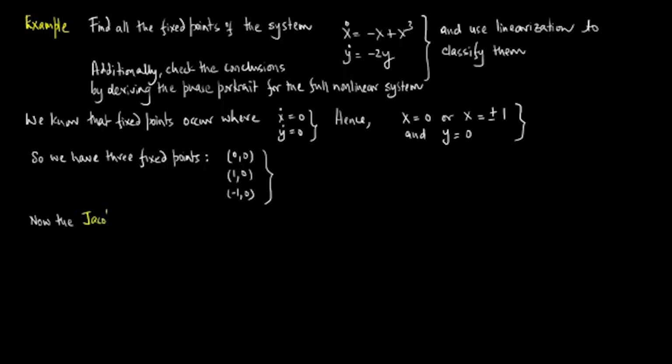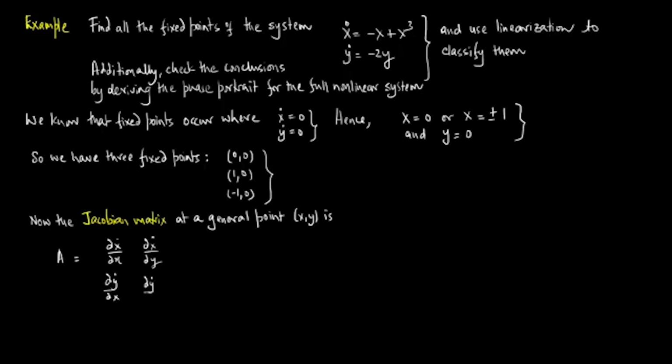Now the Jacobian matrix at a general point (x, y) is A is equal to (d x dot/dx, d x dot/dy; d y dot/dx, d y dot/dy), which is equal to (minus 1 plus 3x squared, 0; 0, minus 2).